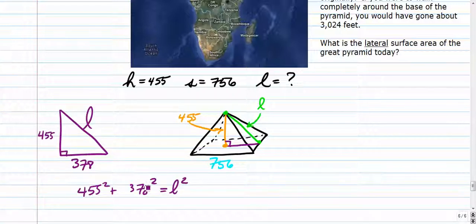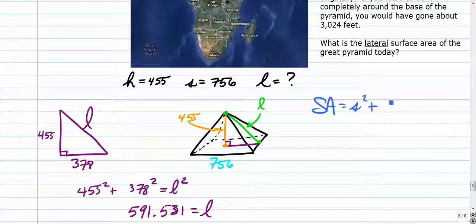Square that, and I get 591.531. That's my slant height. So in my formula here we go, surface area is S squared plus 2SL. I want to stop for a second and read my actual question.